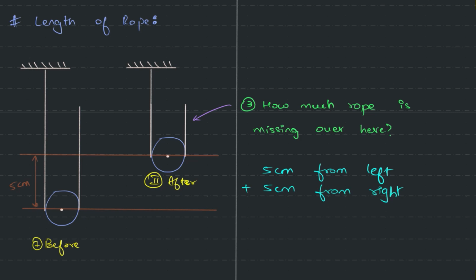So let me explain this way. Let's go back to the question. How much rope is missing? Well, this part of the rope is missing and this part of the rope is missing, right? How much are those? 5 and 5, as simple as that.